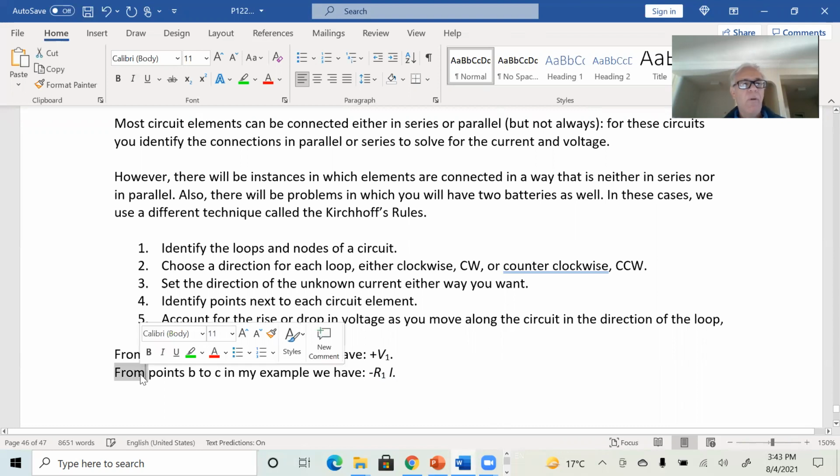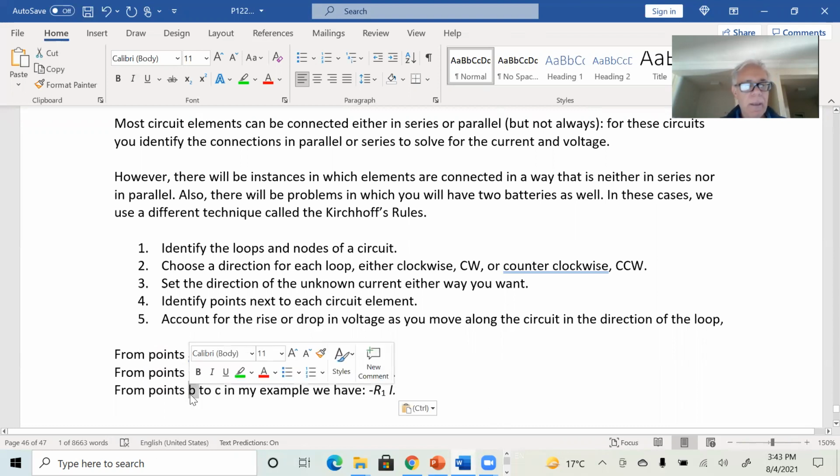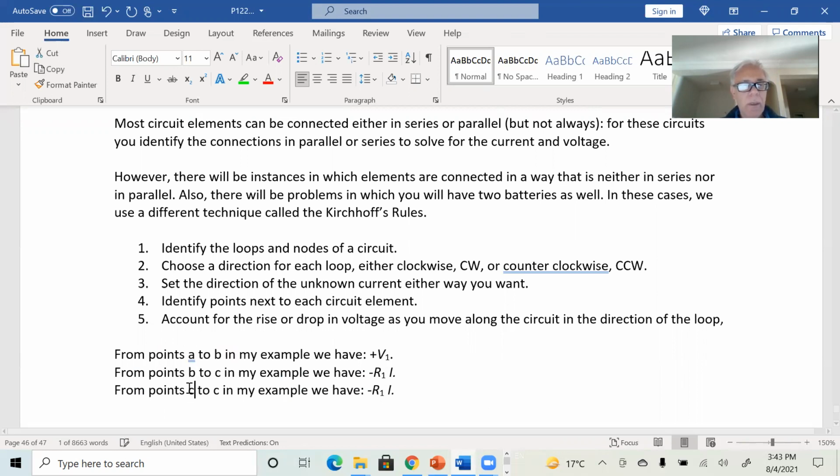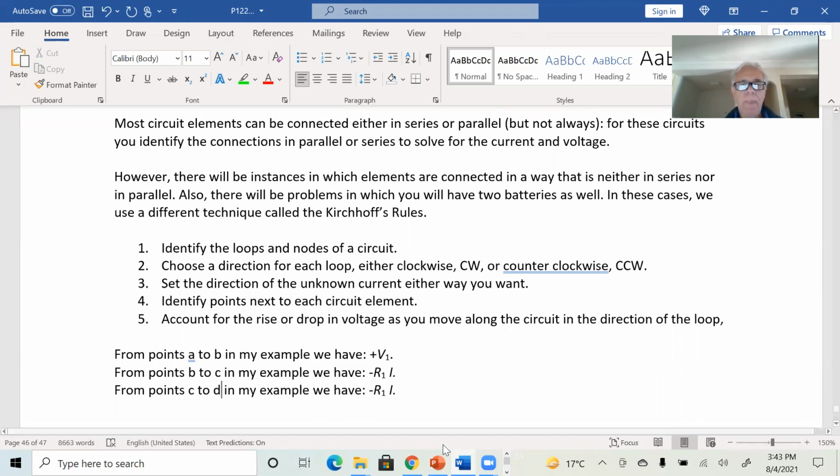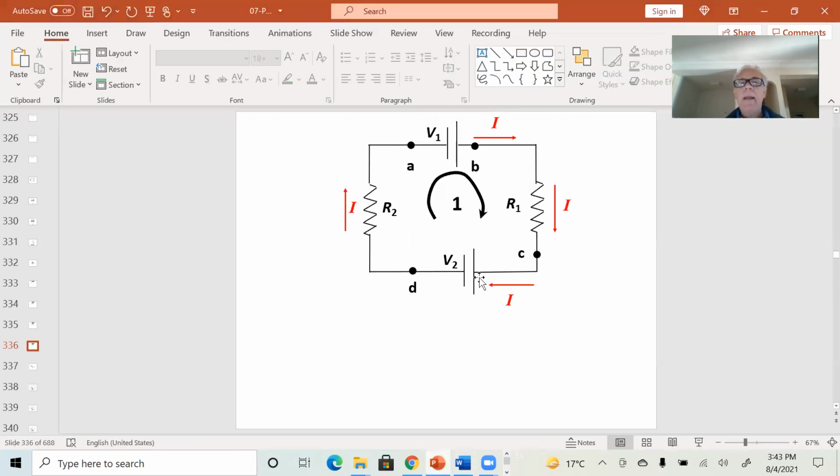So now we're going to move from C to D. In my example, let's take a look. Now we're moving from the second battery, from a higher electric potential point to a lower one.